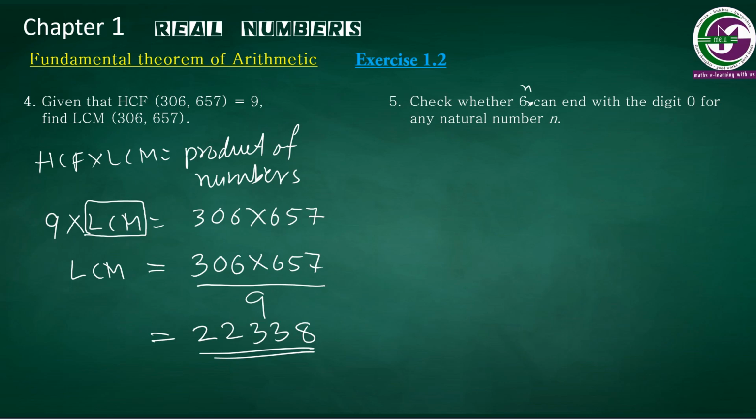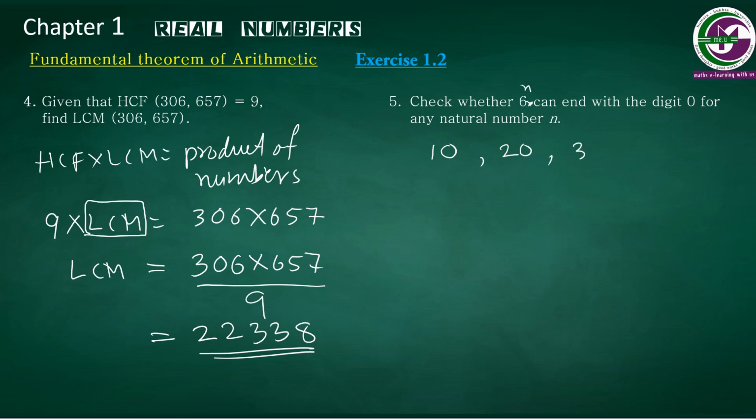Now the fifth question. Check whether 6 raised to n can end with the digit 0 for any natural number n. Now for a number to end with the digit 0, that means it must be a multiple of 10. A number which ends with 0 is a multiple of 10. Example, you can see 10 is a multiple of 10, or 20. 20 ends with 0, it is a multiple of 10.